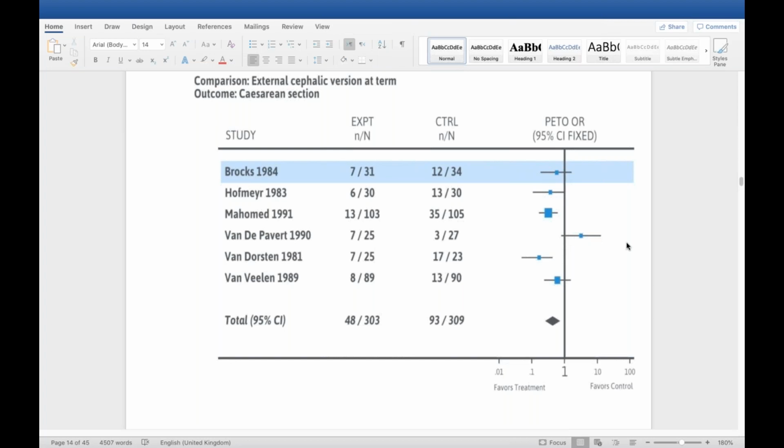Is the diamond always present in a meta-analysis? That's the question. If any question has the word always, I will answer no, but most of the time, yes. Forest plots are used for other things other than meta-analysis, to be honest, okay?